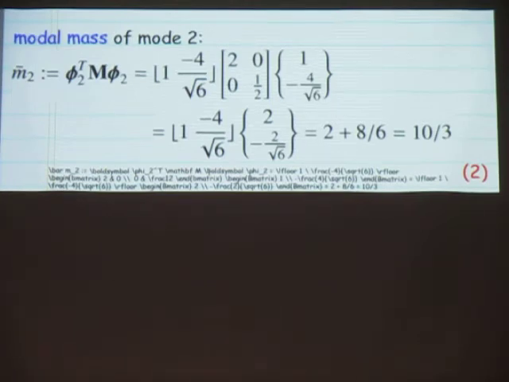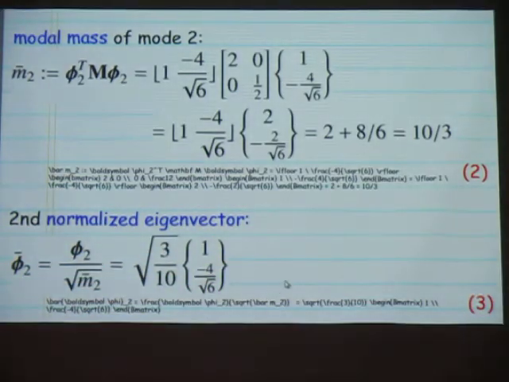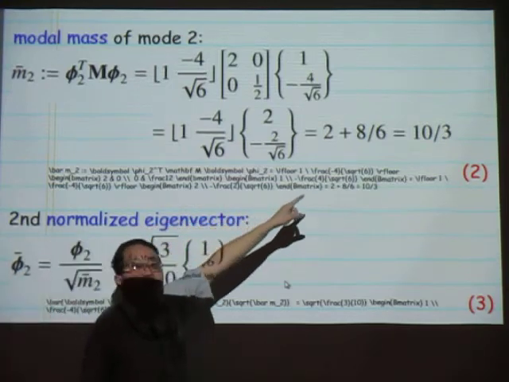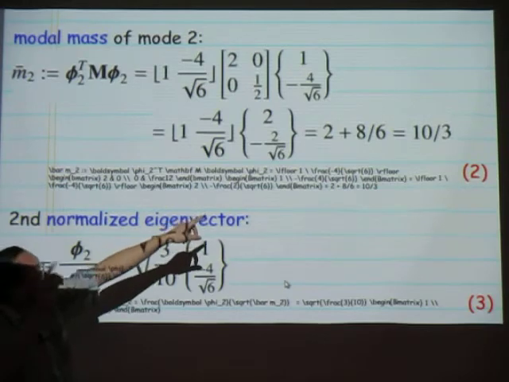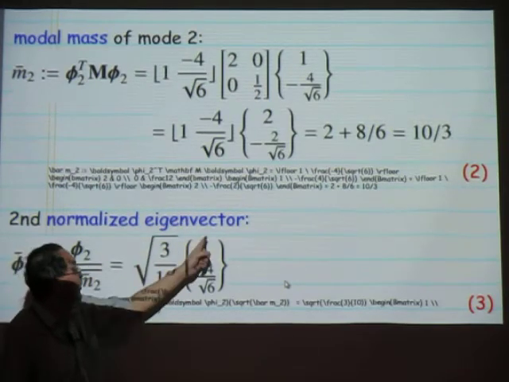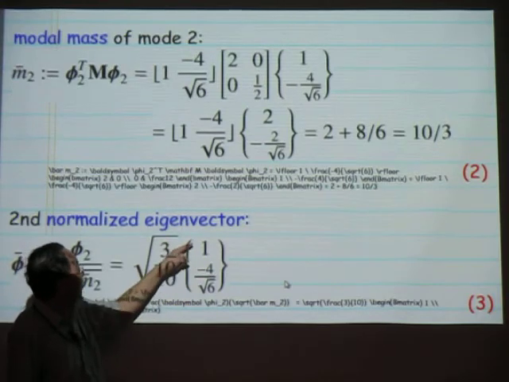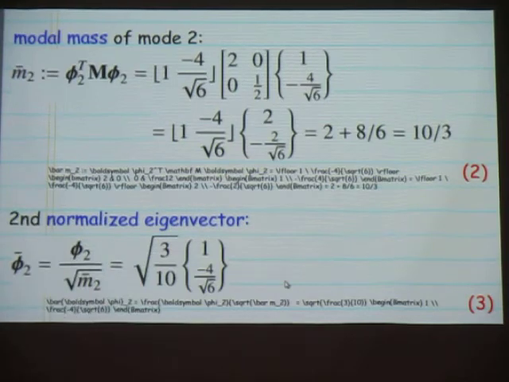When you normalize the second eigenvector, you take the second eigenvector and divide by the generalized length. So divide by square root of 10 over 3, that's square root of 3 over 10. This column matrix here, 1, minus 4 over square root of 6, gives the coefficients of the second eigenvector that we found before.